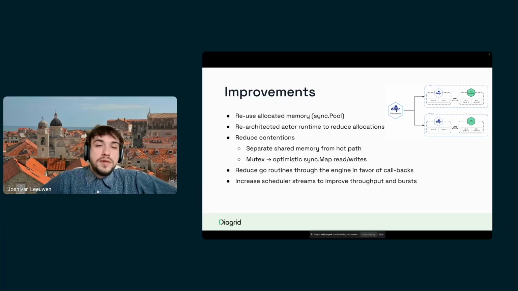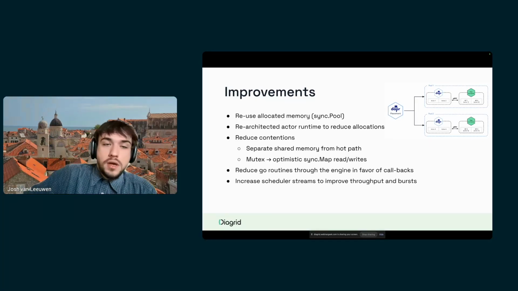We can reuse that memory. So we re-architected a lot of the actor runtime to reduce those allocations generally, moving a lot of the shared memory further up into the system, which reduced things a lot.